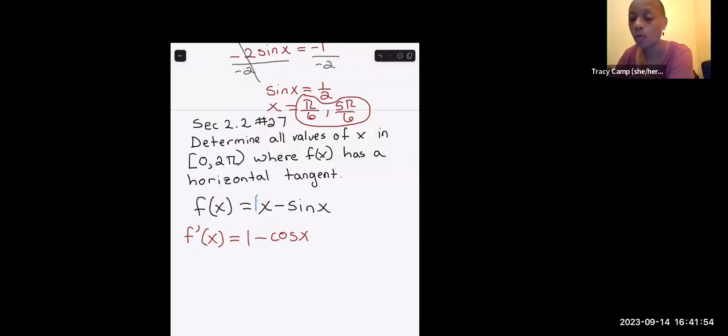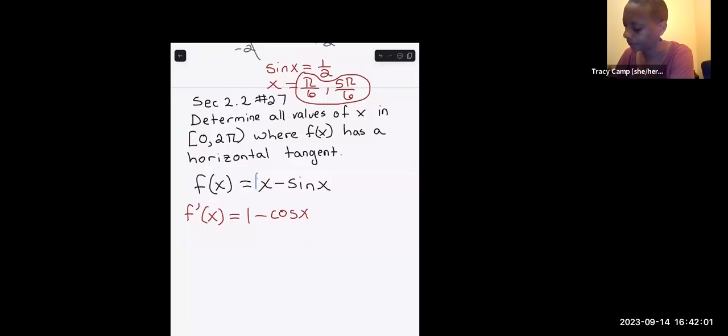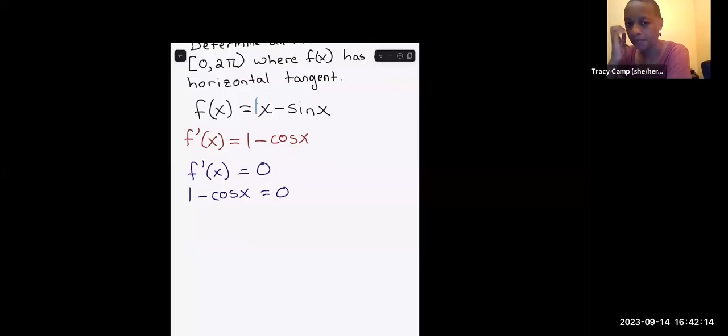And again, since I want a horizontal tangent line, I want my f prime of x to be equal to 0, which means I'll have 1 minus cosine of x equals 0. And then I want to get cosine of x by itself.